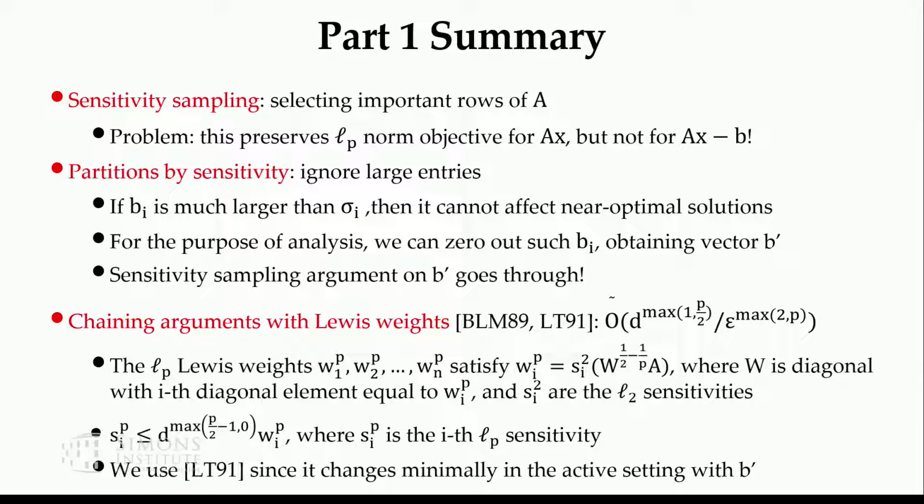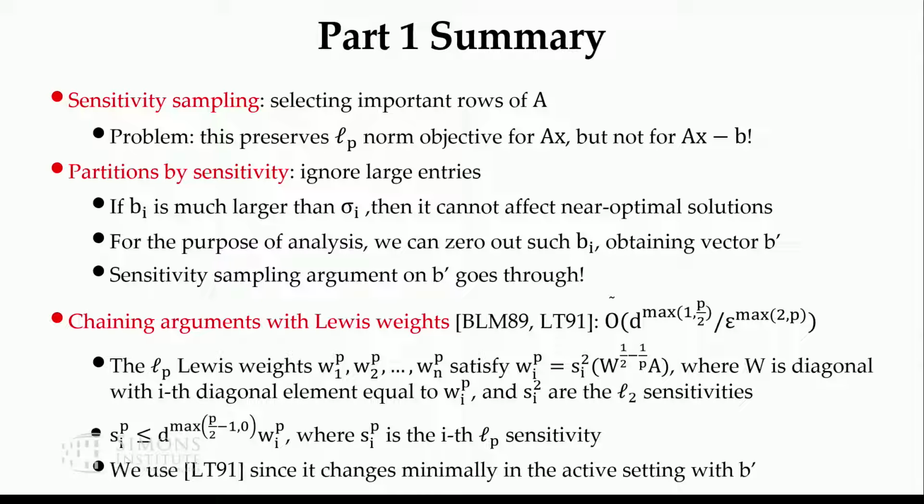A priori, it's not even clear that such Lewis weights exist, but they do. They can be found efficiently. There are algorithms of Cohen, Peng, and others that find good estimates of these very quickly, and you can compute these to high accuracy. There's a lot of study on Lewis weights.